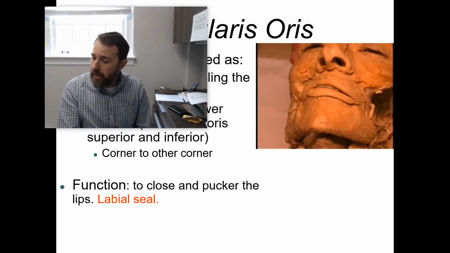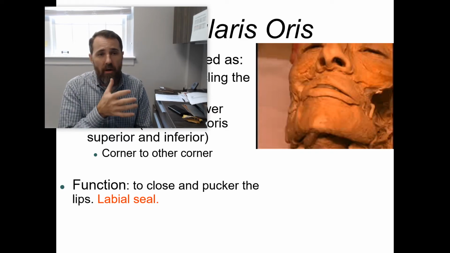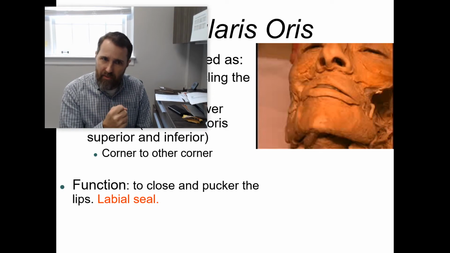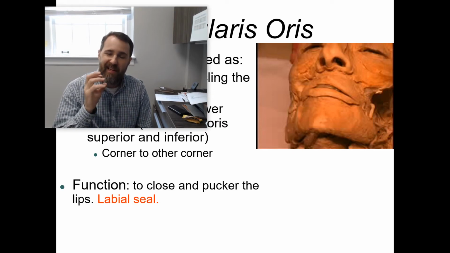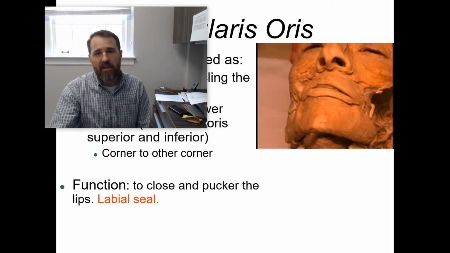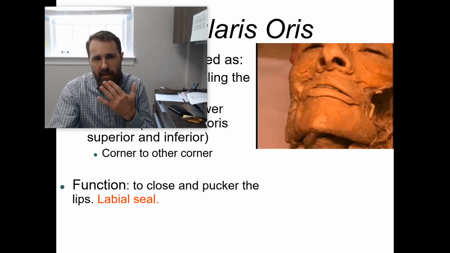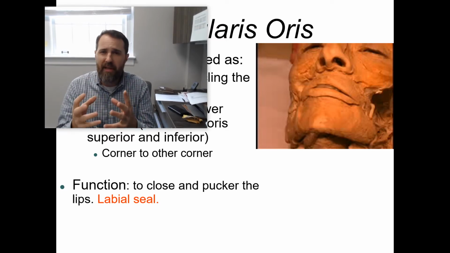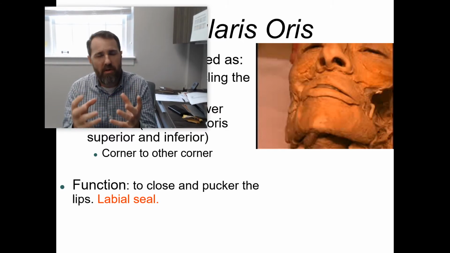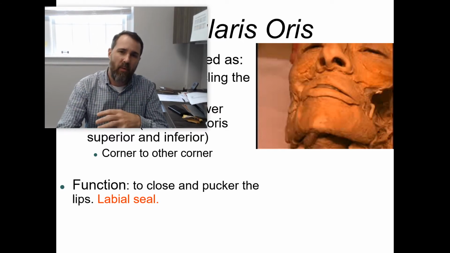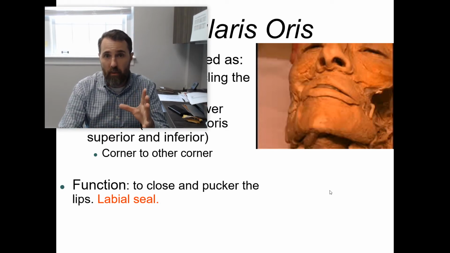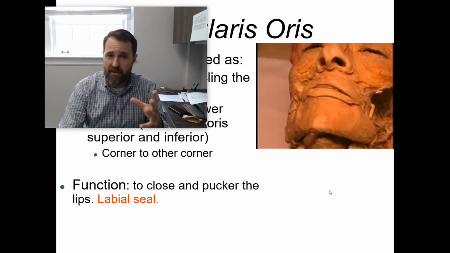When you bring a straw up to your lips and your mouth seals around the straw, that is the orbicularis oris. So you do have a superior and an inferior one, but generally speaking, we talk about them as one structure. So don't refer to them as the plural orbicularis orises.